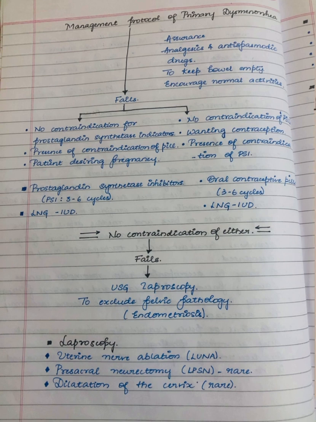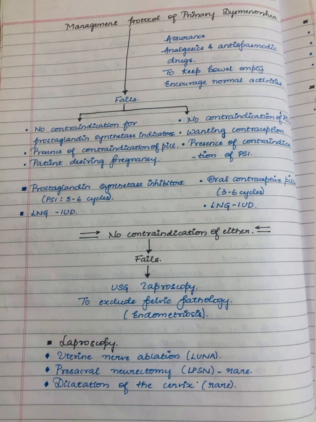The short form for this is PSI. How many cycles are you supposed to give? 3 to 6 cycles. The LUNA and LPSN, I'll deal with later. First thing to remember here: if the patient wants pregnancy, pills should not be given and PSI should be given, for 3 to 6 cycles.